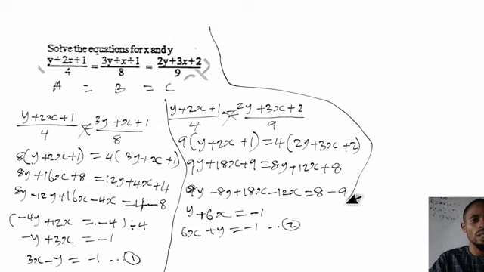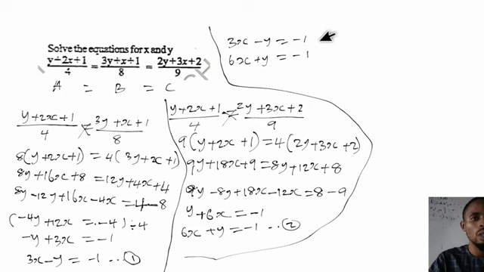So equation 1 is 3s minus y equal to minus 1, and our equation 2 is 6s plus y equal to minus 1. So this one is equation 1, this one equation 2.